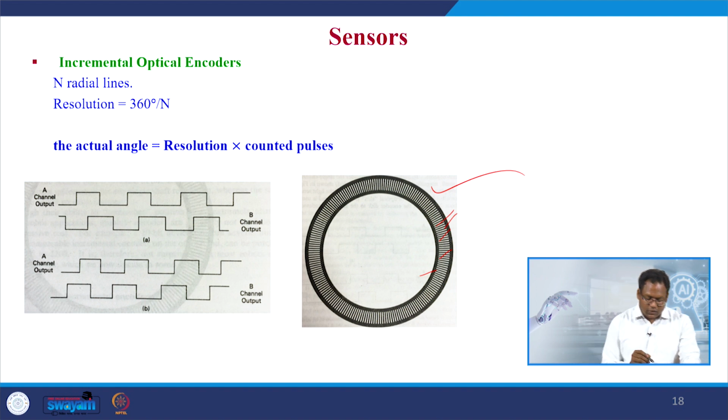Let the receiver 1's output be termed channel A output, and the receiver 2's output be channel B output. If channel A leads channel B's output, then we can say that it rotates in the clockwise direction. Similarly, if the channel A signal lags channel B, then it is rotating in the opposite direction, or counterclockwise.